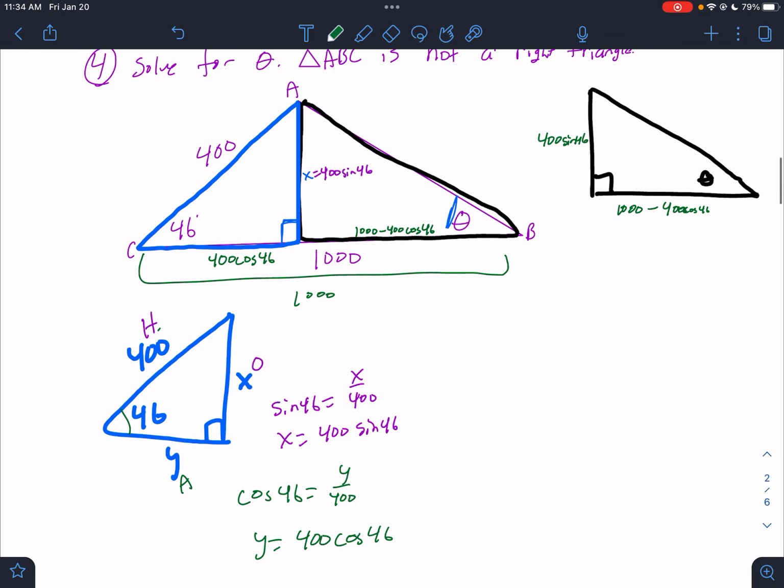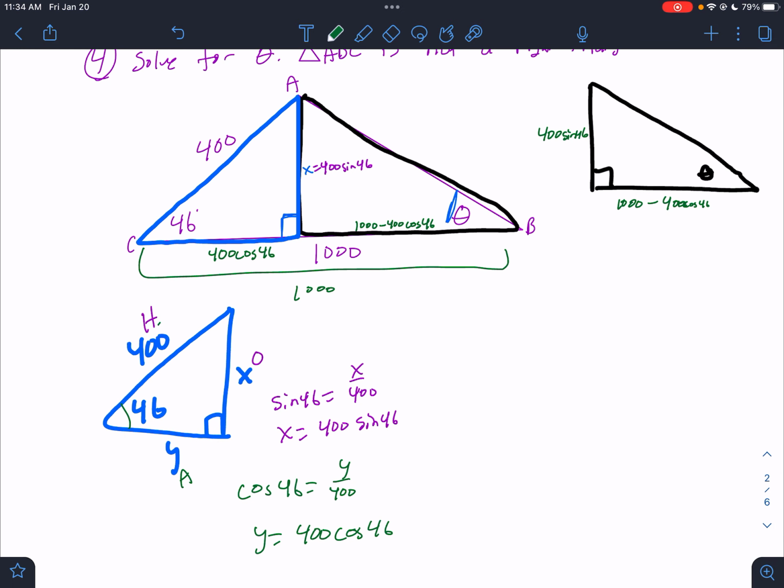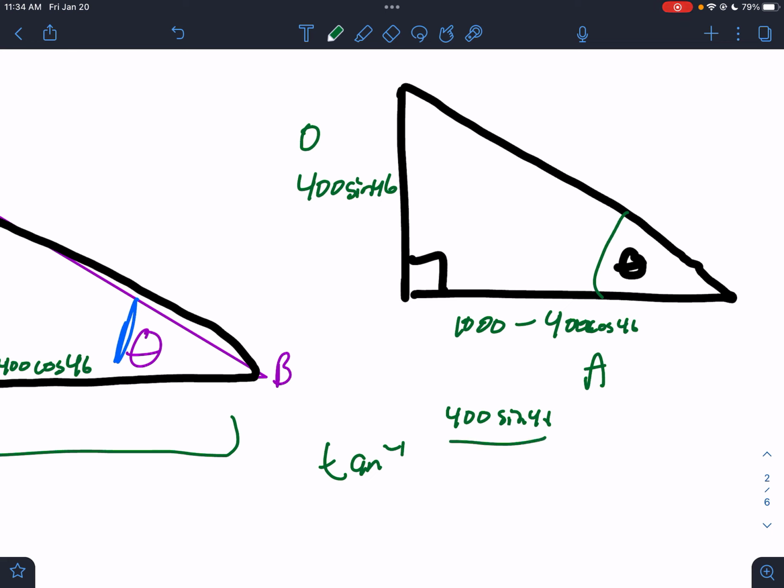Now we can do trig to get theta. We now have all the pieces that we need. So I'm going to go over here. Theta, this is opposite adjacent. It's going to be inverse tangent. I want the angle. I have to do inverse tangent on the ratio of opposite divided by adjacent.